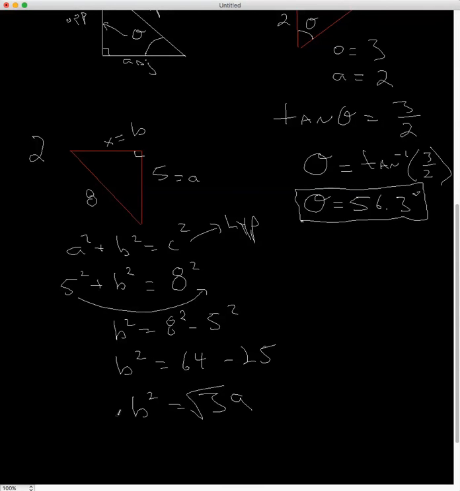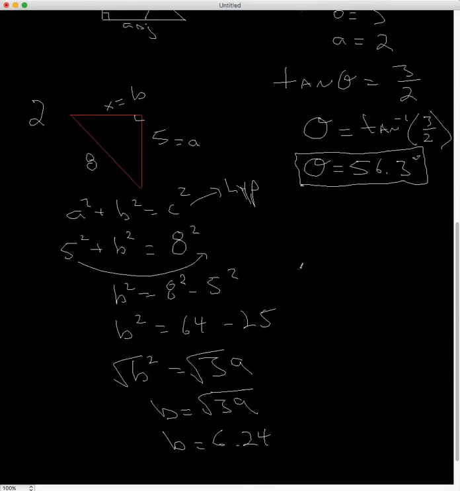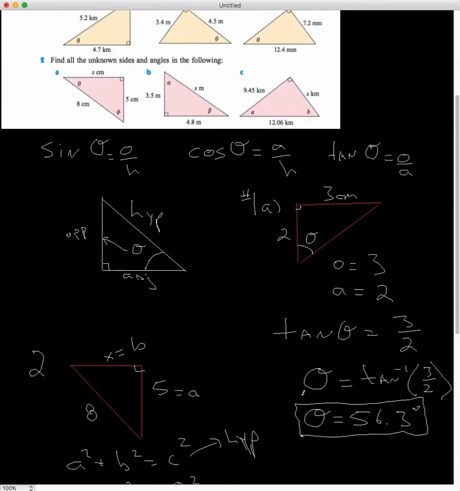Then we square root both sides, so b is equal to the square root of 39, or if you want the decimal form, b is equal to 6.24. And in this case we have centimeters.